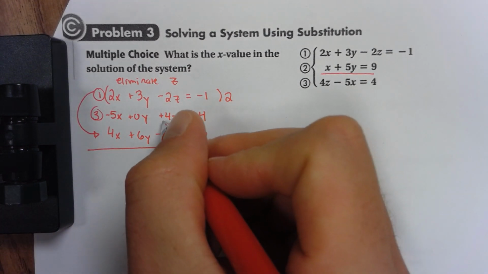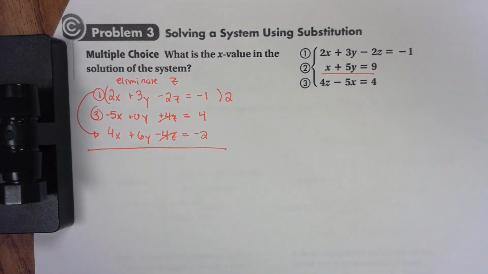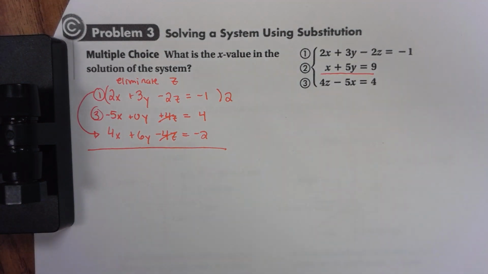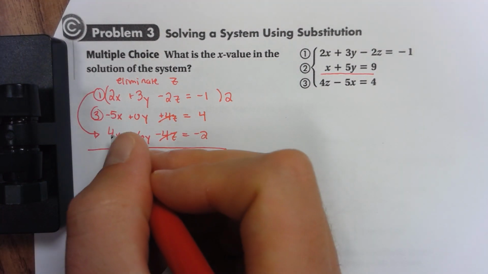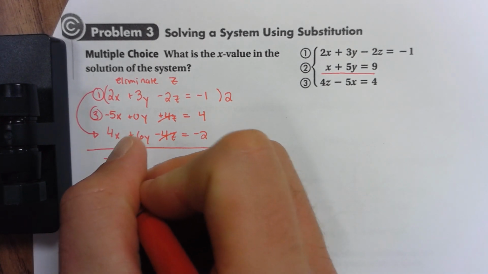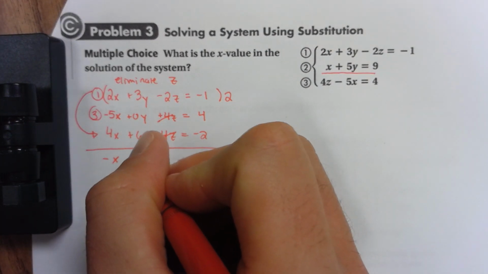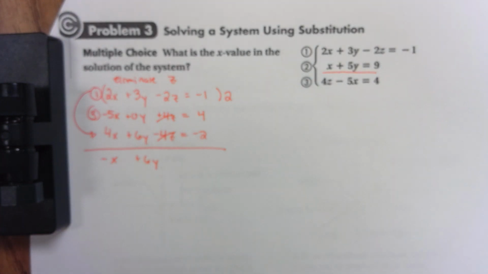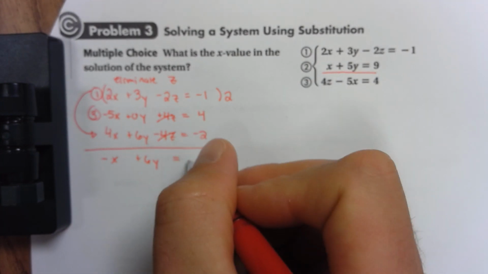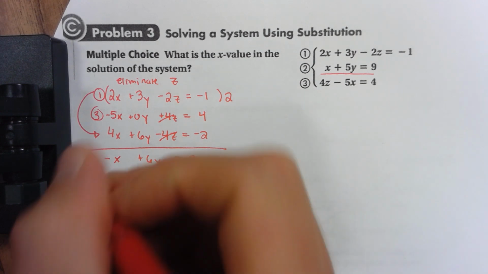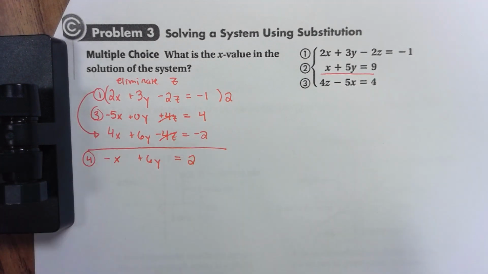So the z's eliminate. 4z minus 4z go away. The x's, -5x plus 4x is -x. And then 0y plus 6y is 6y. And it equals 2. We'll call this equation 4.